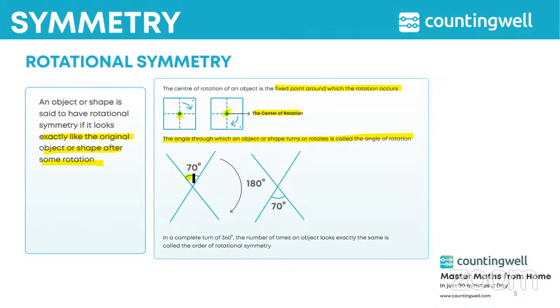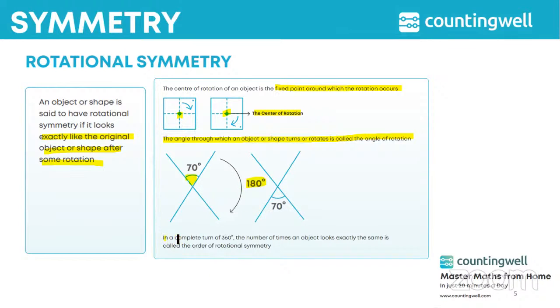The two intersecting lines make an angle of 70 degrees as shown. If we rotate this by 180 degrees, the object takes the same position, or it looks the same after 180 degree rotation. So 180 degrees is called the angle of rotation.